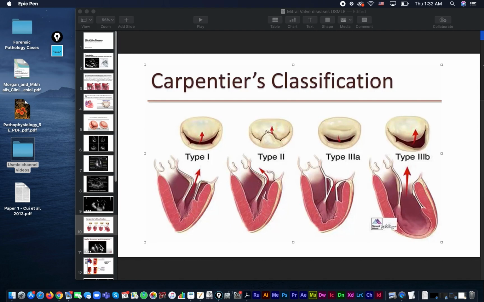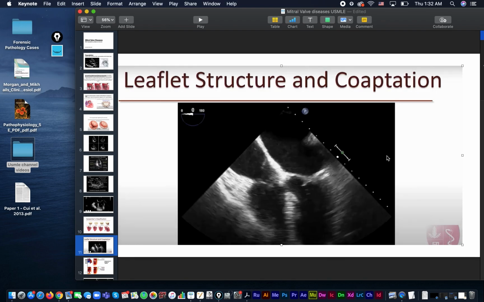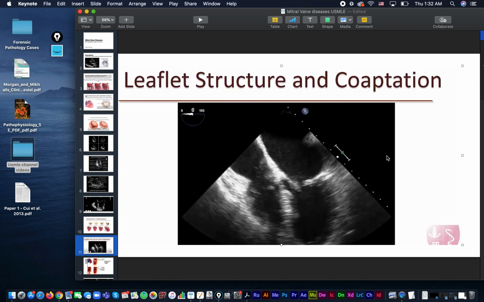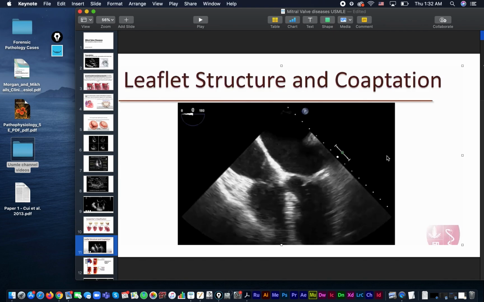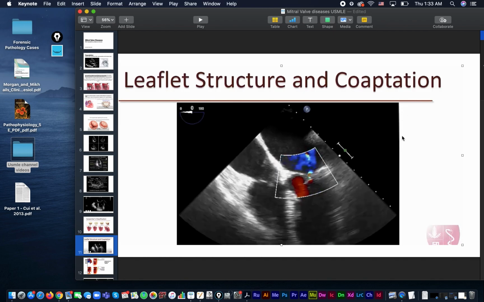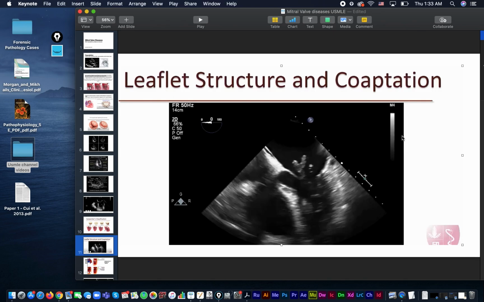Let's try to move on a little quicker here because we still have prolapse and stenosis to go right now. So what's here? What do we see here? First of all, it's apical 4-chamber view. And the answer says it right there. It's leaflet structure and coaptation.